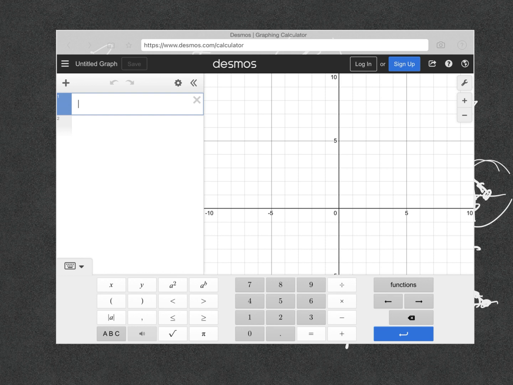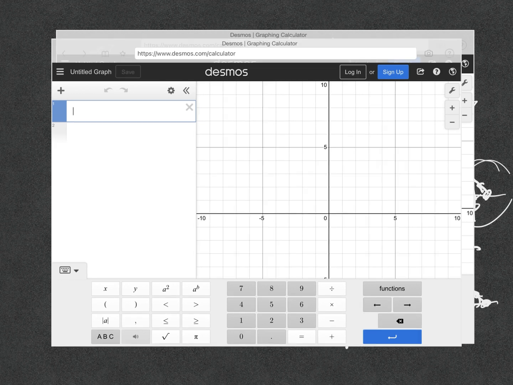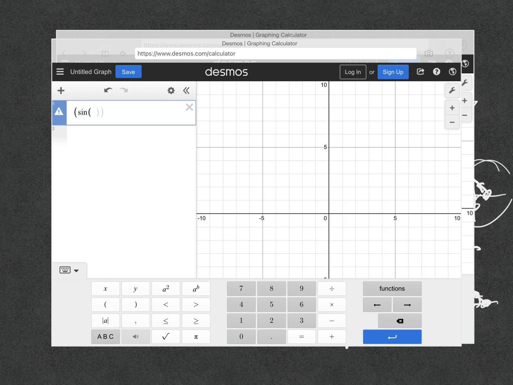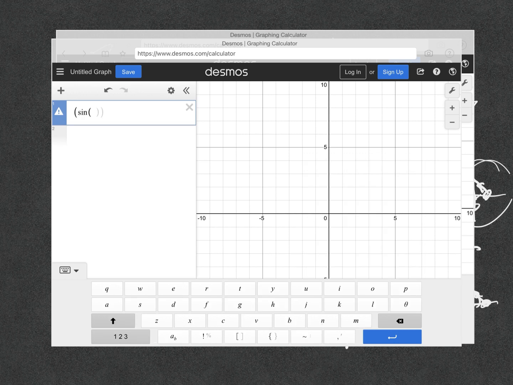We're going to put this function in right now. The way you put a parametric function in Desmos is as an ordered pair. Normally in an ordered pair you would put x comma y. In this case our x was equal to sine squared of t, where t is our parameter.